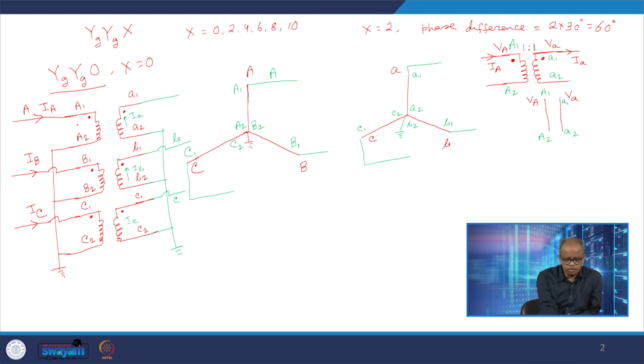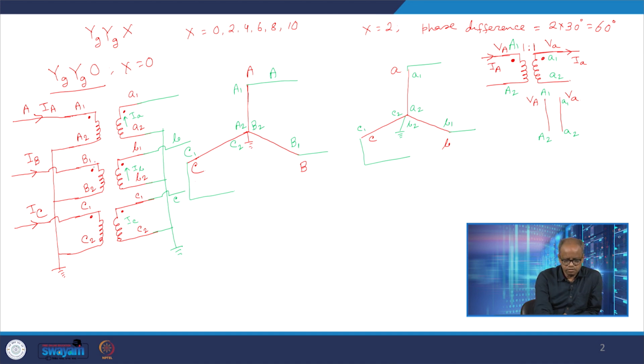From the A1 terminal we said that it is phase A, from B1 terminal phase B, and from C1 terminal phase C. And then we drew the phasor diagram at the primary side, and then we reflected these connections in this particular phasor diagram of the primary side.